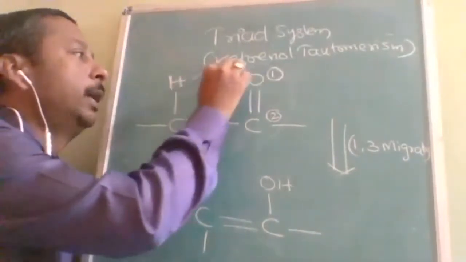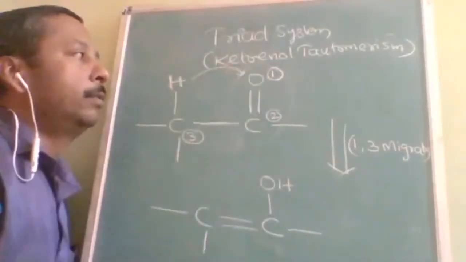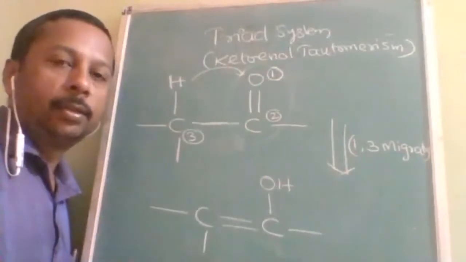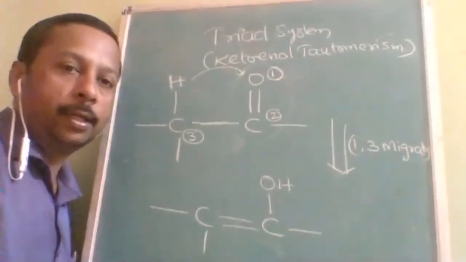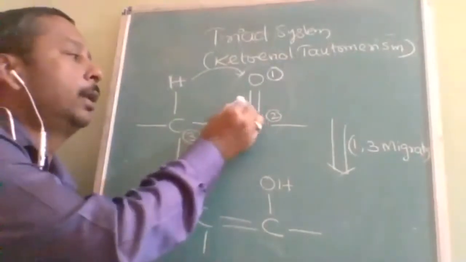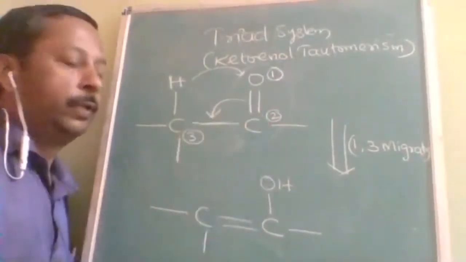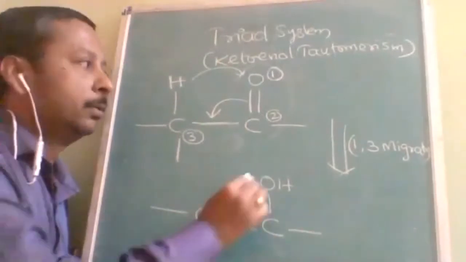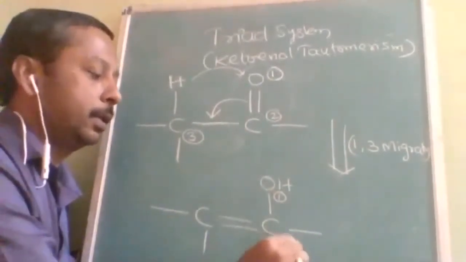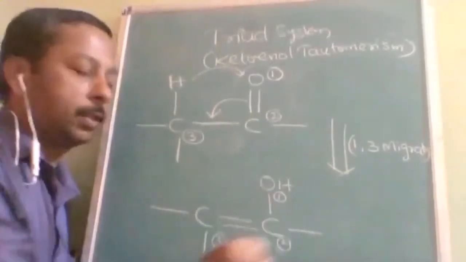So this will migrate here, but when it migrates over here, oxygen cannot make three bonds in the neutral state. In positive state, it can form three bonds. But that time what happens? This will be moving like this. This is the first, this is second, this is third atoms I am telling you.